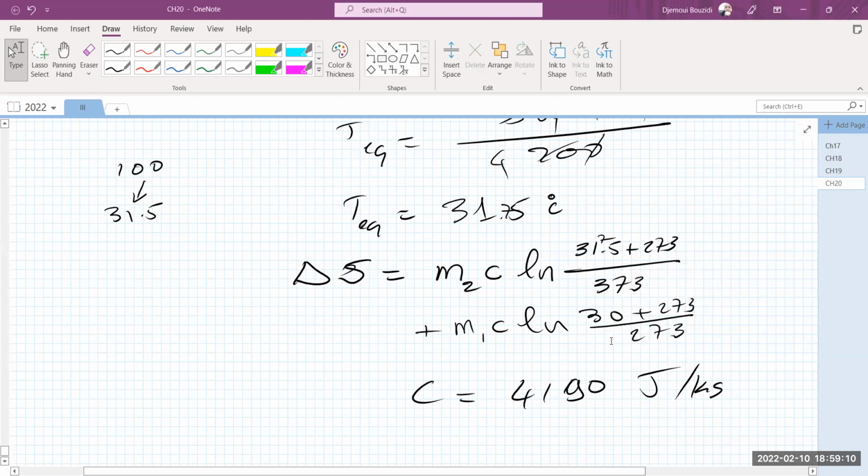Here, the denominator is 30 plus 273, that's the initial value, and the final value is 31.75. Okay, it's the final over initial. This was at 30 degrees Celsius, and now it reached 31.75. So I have to be careful in here. So the numerator is the same thing as the first one, which is 31.75 plus 273, divided by 303.